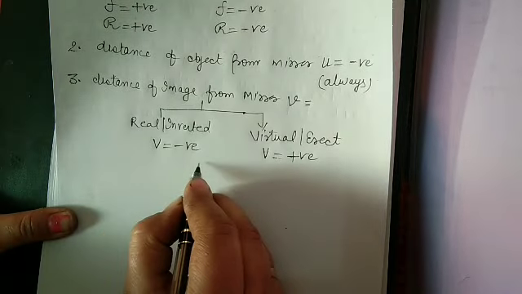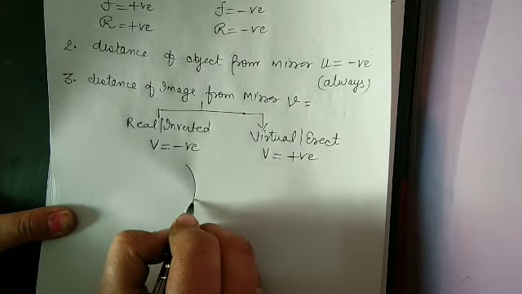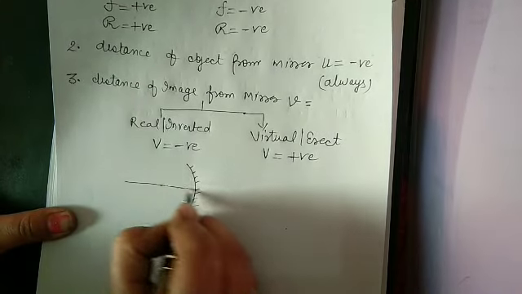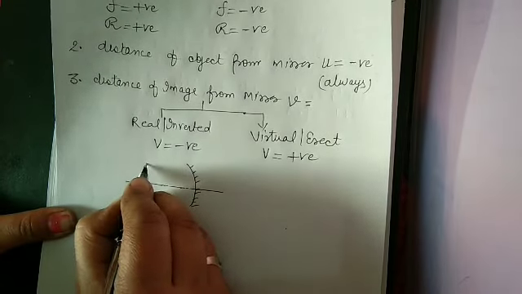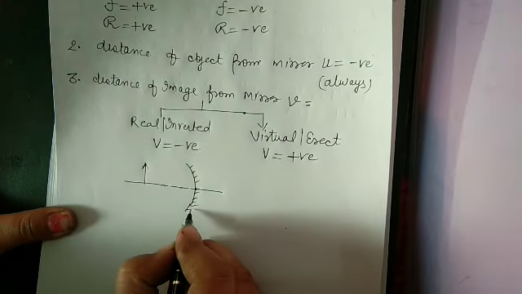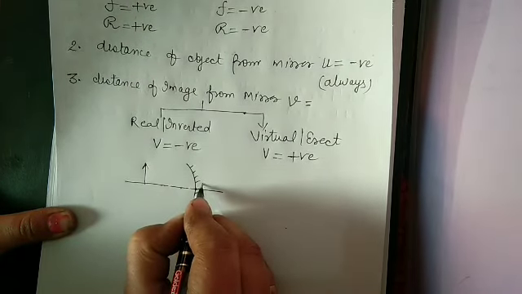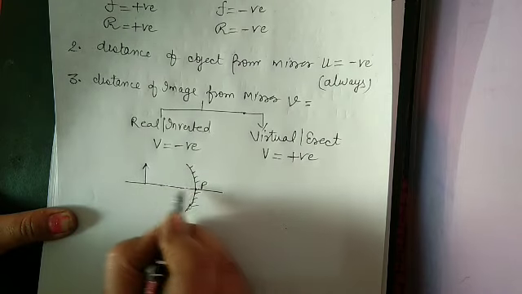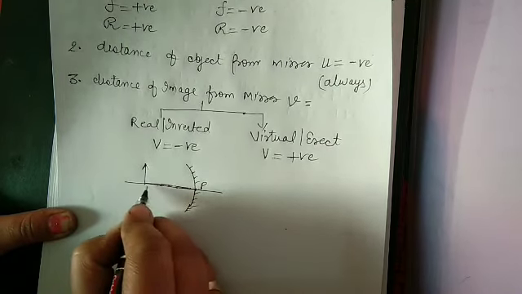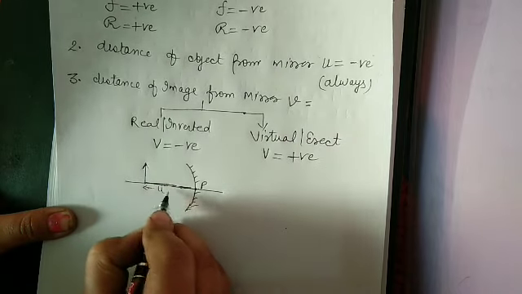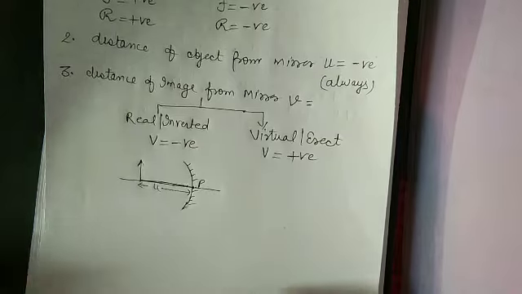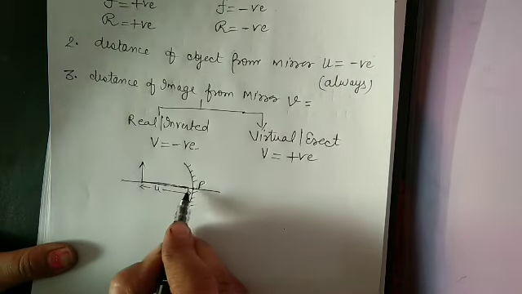Why negative? Because let us consider this one is our mirror. This one is our object. Then the distance of the object from the mirror is considered to be U. So this one is our U. As per the sign convention, distance is measured from the pole.